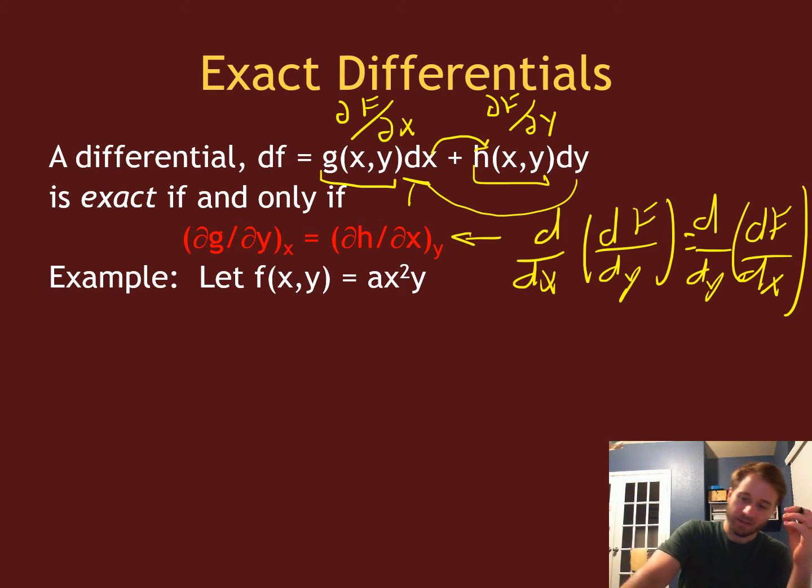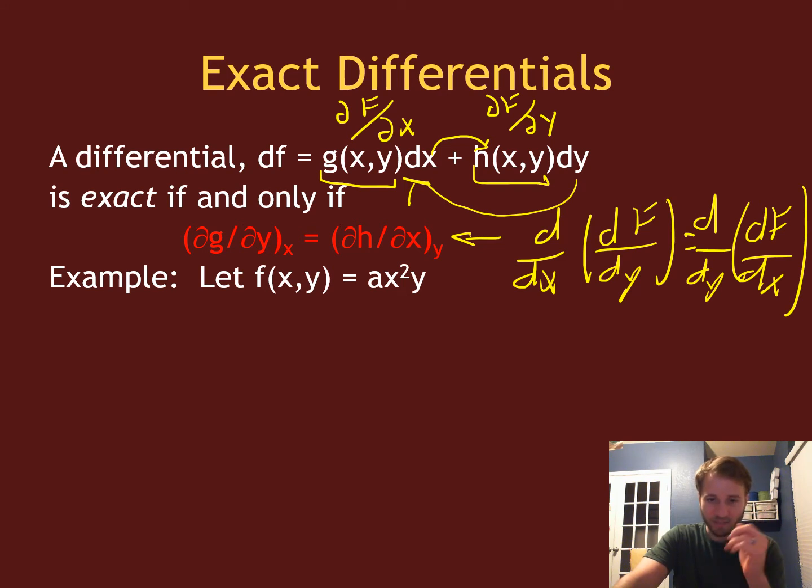For this function, the order of the derivative does not matter. If I take the derivative of my function with respect to x and then y, versus y and then x, I get the exact same thing. That means the function has an exact differential, which makes it a state function.